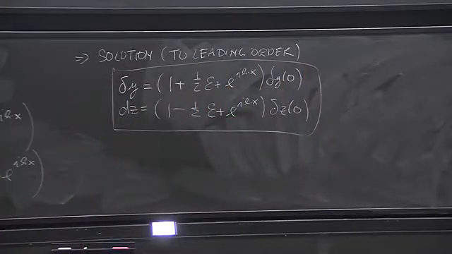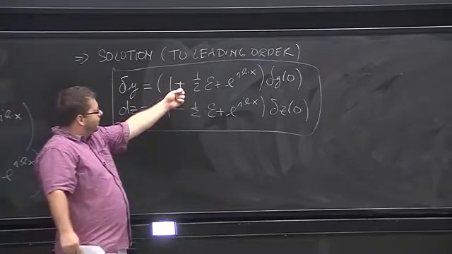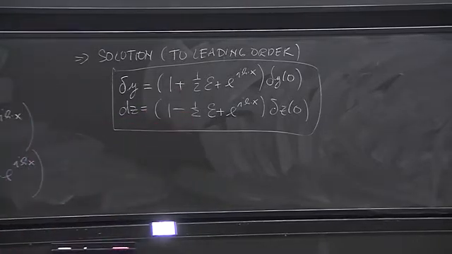Okay, so the solutions are exactly the same, except because I have the traceless property, I have 1 plus here, and then I have 1 minus here.